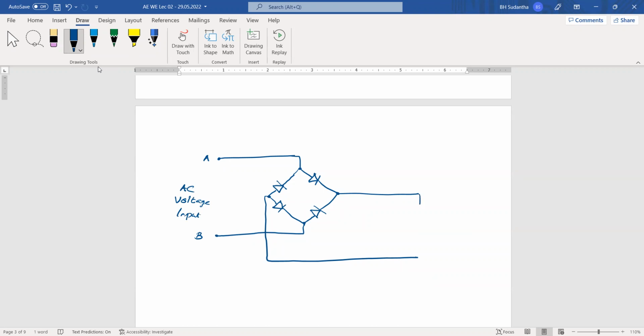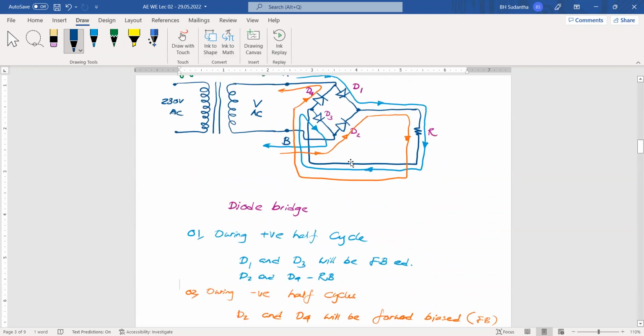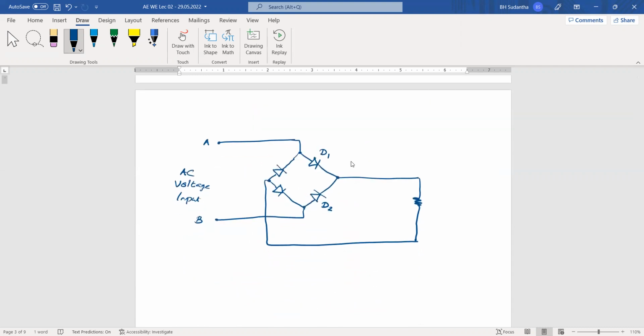Then from this, you can have the same notation, then D3, D4. And this is the full wave rectification circuit.